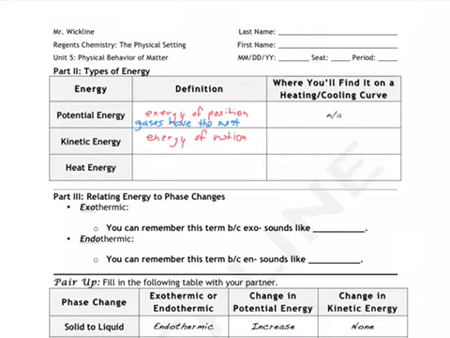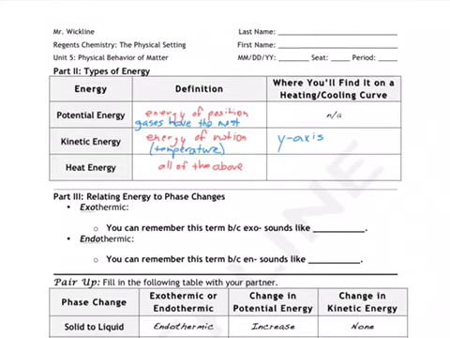And kinetic energy is the energy of motion. It's often thought of as analogous to temperature. And on heating and cooling curves, you'll see it on the temperature axis, which is the y-axis. But heat energy actually includes both potential energy and kinetic energy.